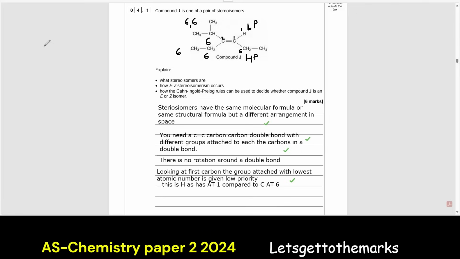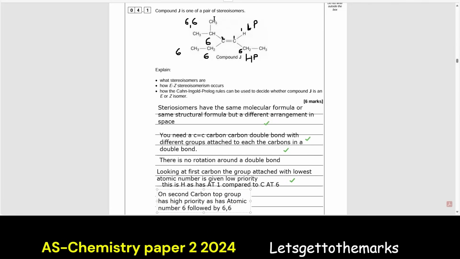So I need to put that in words. On second carbon, top group has high priority, as it has atomic number 6 followed by 6, 6.